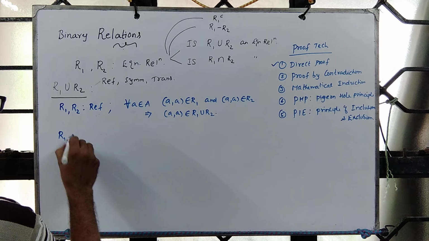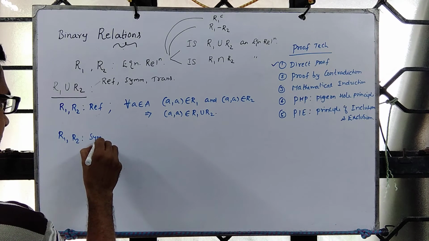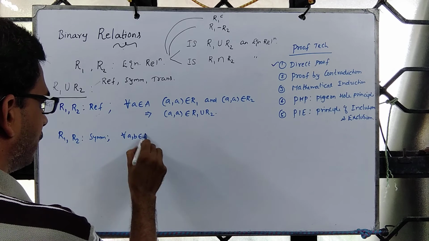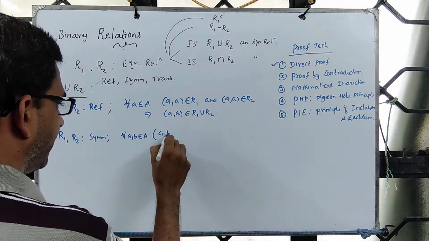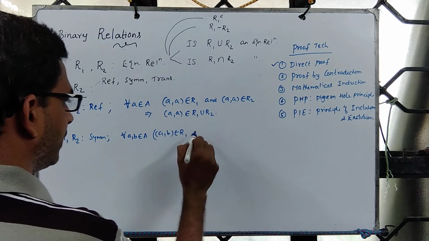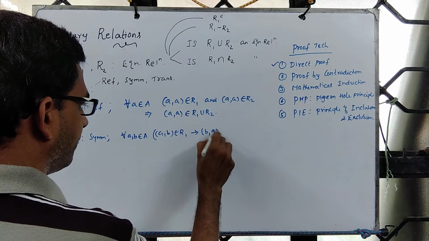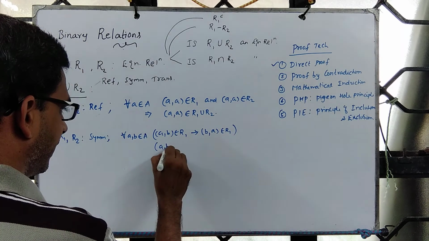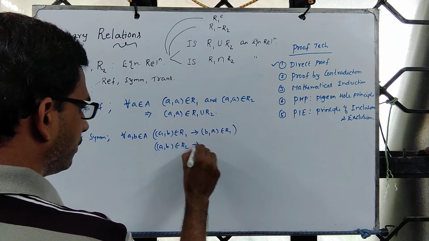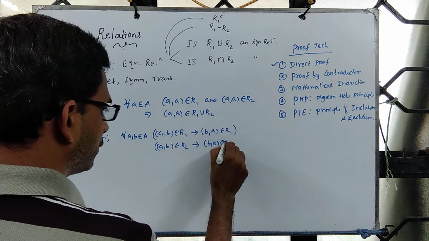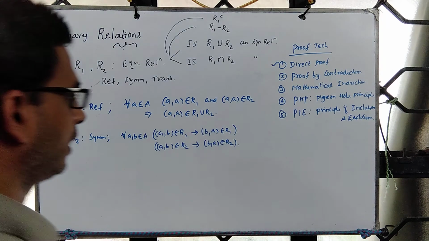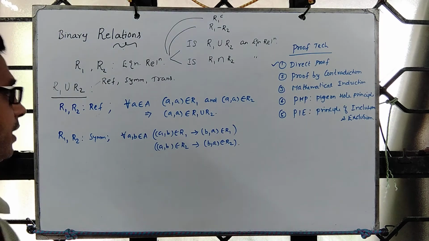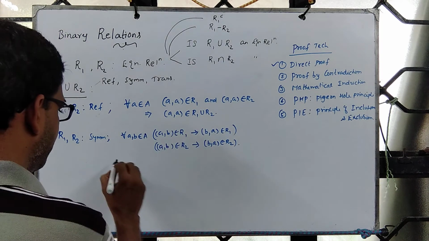We are also given that R1 and R2 are symmetric, which means for all a, b belonging to A, if (a,b) belongs to R1 then (b,a) belongs to R1. On similar lines, (a,b) belongs to R2 implies that (b,a) belongs to R2. So now what is it that we need to show? We need to show that R1 union R2 is symmetric.